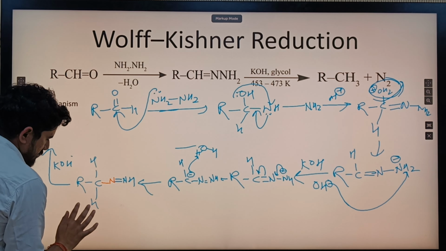From this site the proton will be abstracted by the base, OH negative, and the negative charge will push out the leaving group.